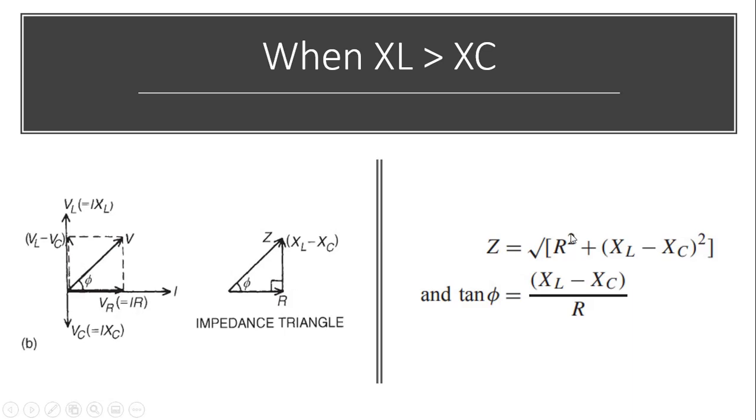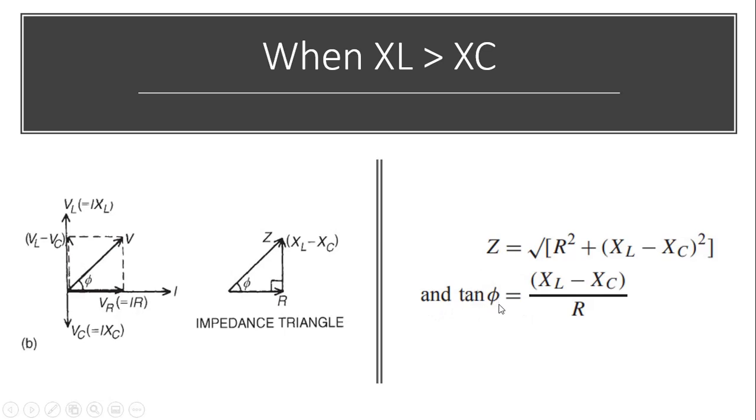And when we want to obtain the Z, it's similar to one of the things we have done. The Z will be the square root of R squared plus XL minus XC squared. And to obtain the angle, we can find the tan.